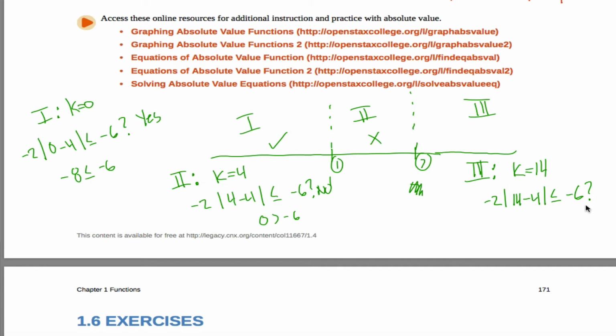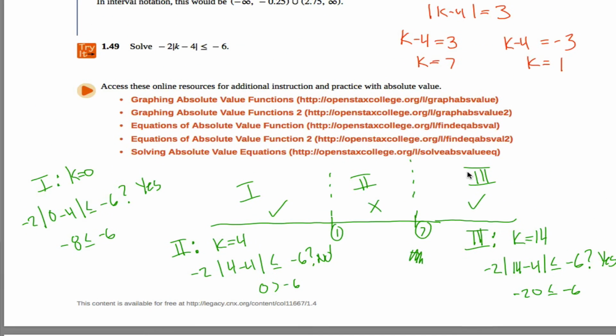It is a true statement. I'll show you why. 14 minus 4 is 10. The absolute value of 10 is 10. And 10 times -2 is -20. And -20 is less than or equal to -6. So what that means is my solution set also contains region 3.